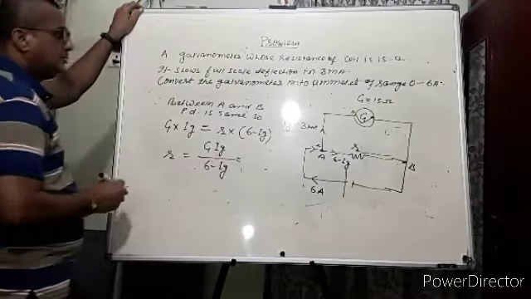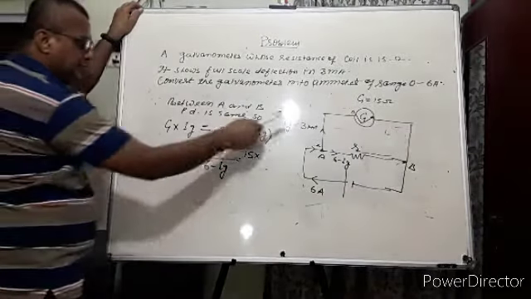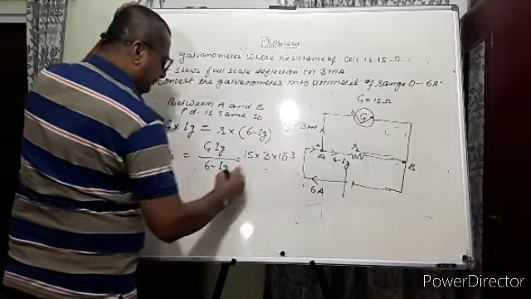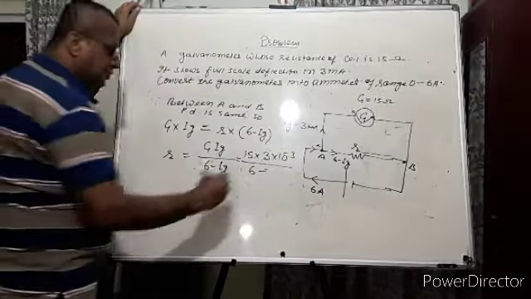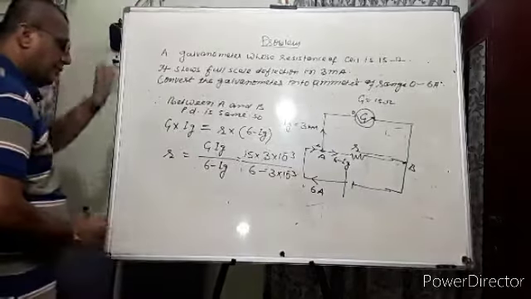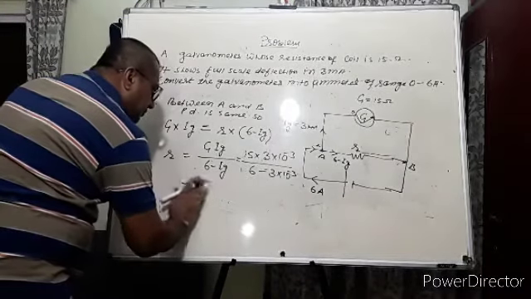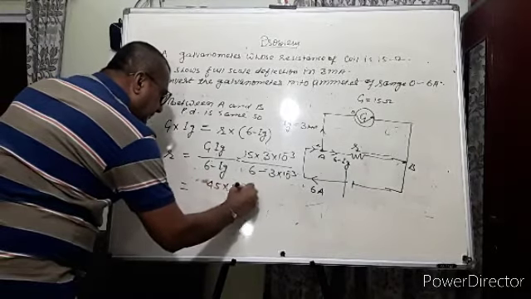G is equal to 15 ohm, Ig is 3 milliampere. So 3 into 10 to the power minus 3 divided by 6 minus 3 into 10 to the power minus 3. That is equal to 15 times 3, 45 into 10 to the power minus 3.